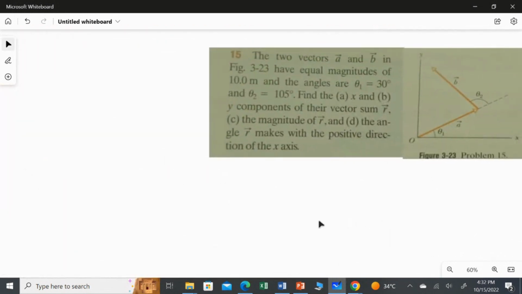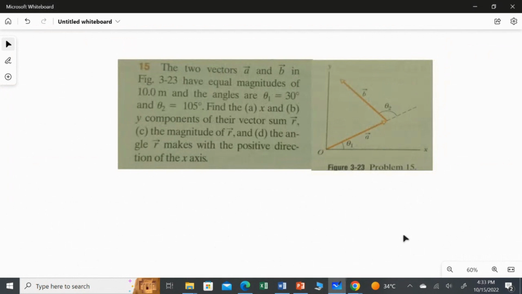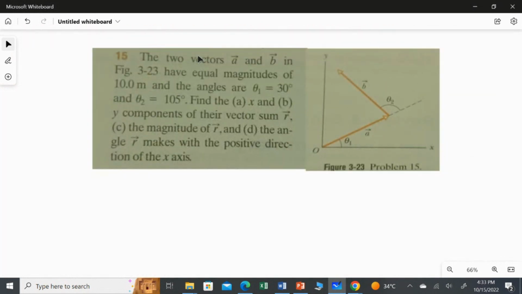Now we have to go for the third question. And the third question is they give some diagram. So we have to read and then we have to see this picture first. What is given in the question? Two vectors A vector and B vector in figure 3-23 as shown here have equal magnitudes of 10 meter. So they mention the A vector magnitude is equal to the B vector magnitude, which is equal to 10 meter.